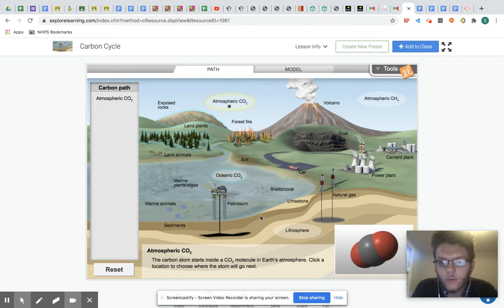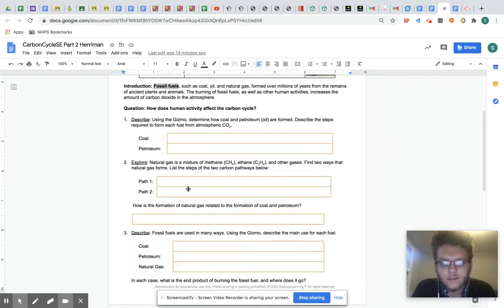So we need to find two paths that allow us to create sediment. Play around looking for different pathways that could possibly go into the sediment, because those will allow us to create natural gas. Document these pathways here.